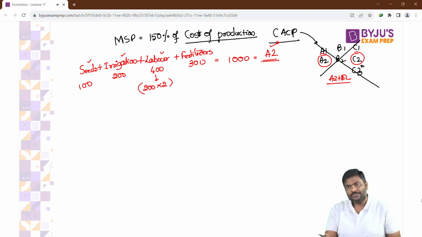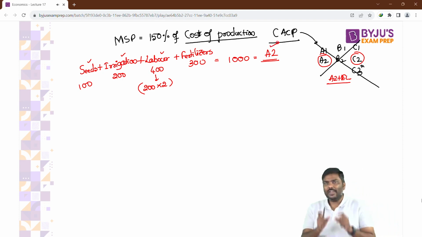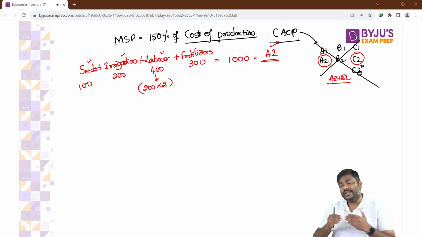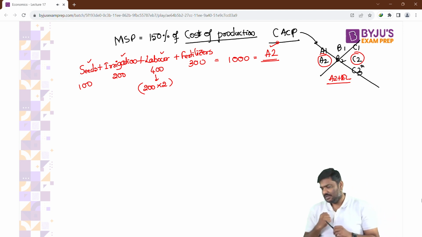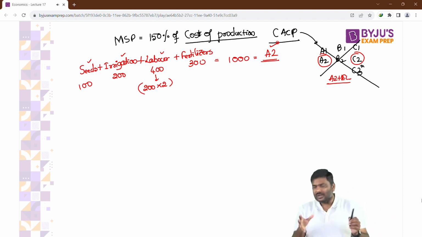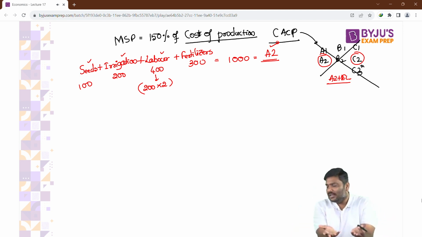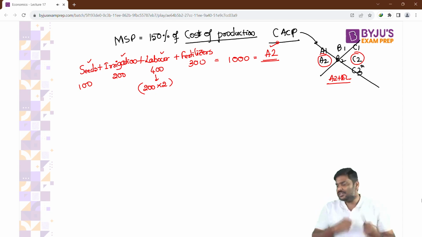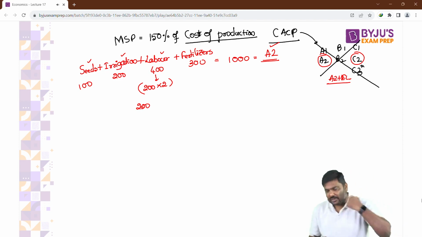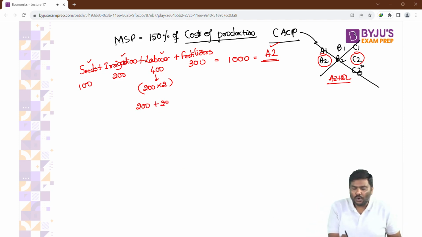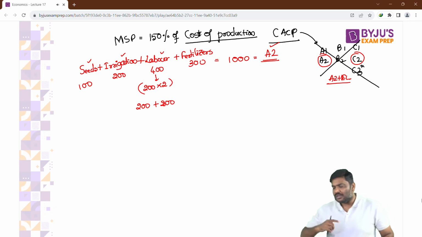In case of A2, we have paid money for the labor, but we have not counted how many family labor units I've used. I've not used that in the calculation of A2. So imagine I pay myself 200 rupees because I also have worked, and I pay 200 rupees to my spouse also because she also worked on the field.